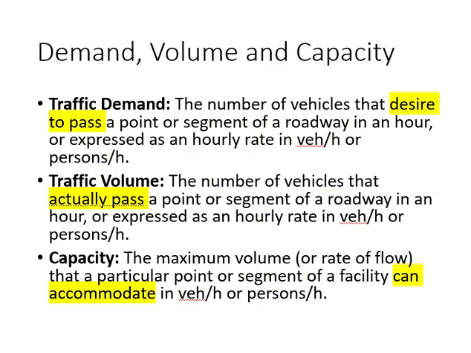Then we have demand. Demand is the number of vehicles, the number of people that want to traverse the highway. So capacity is maximum, volume is anything which is there, and demand is what is wanted. The road has a capacity of 2,000 vehicles.